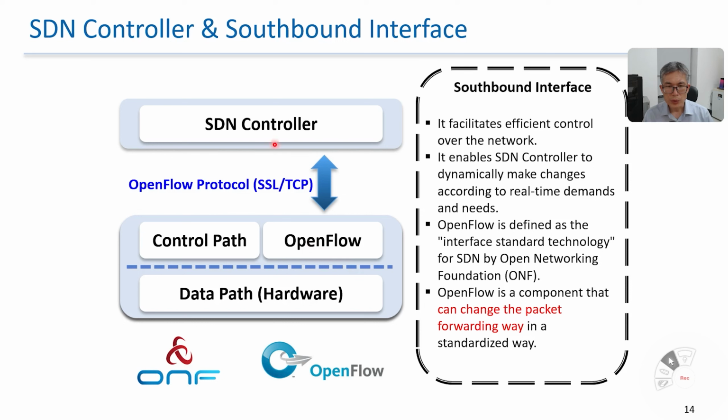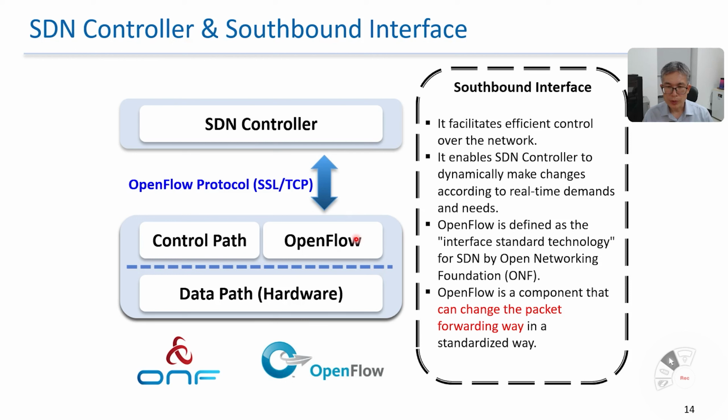This figure is the logical structure of an SDN network. It has the SDN controller, and this is the SDN switch. Between the two components, a southbound protocol such as the OpenFlow protocol is used. It works over SSL, secure socket library, and TCP. In the switch, the control path and data path are separately governed by the OpenFlow table.